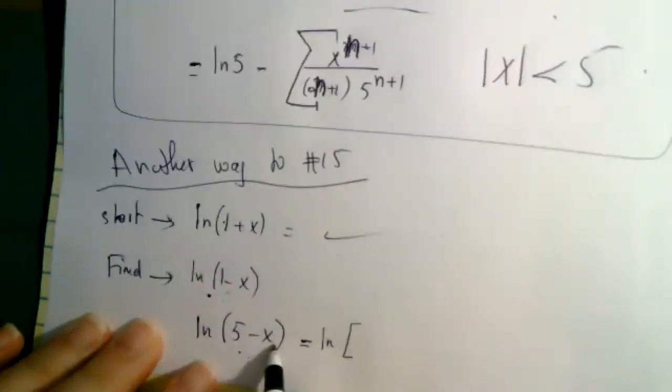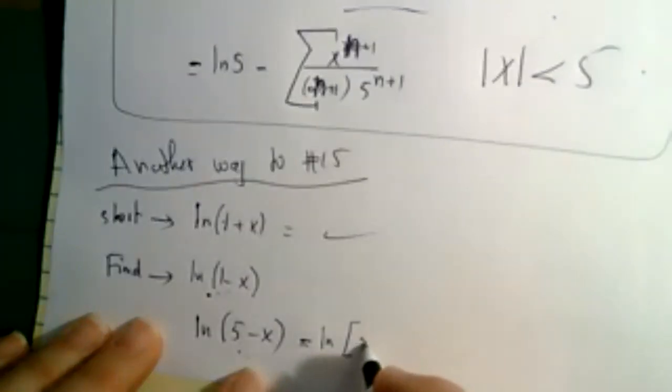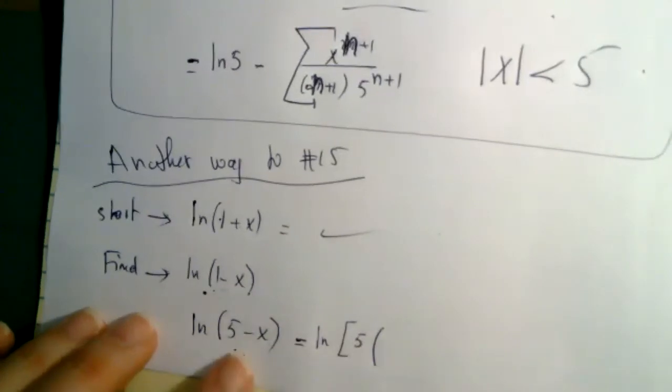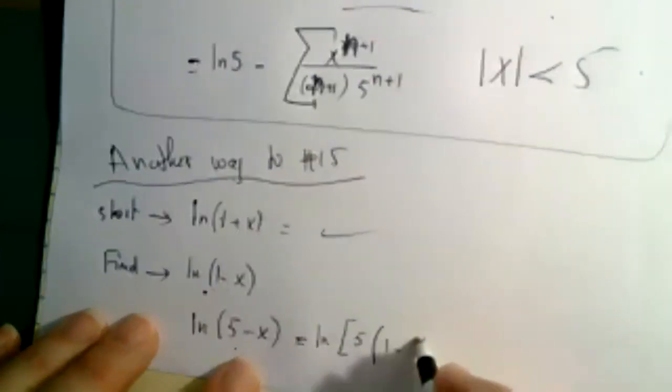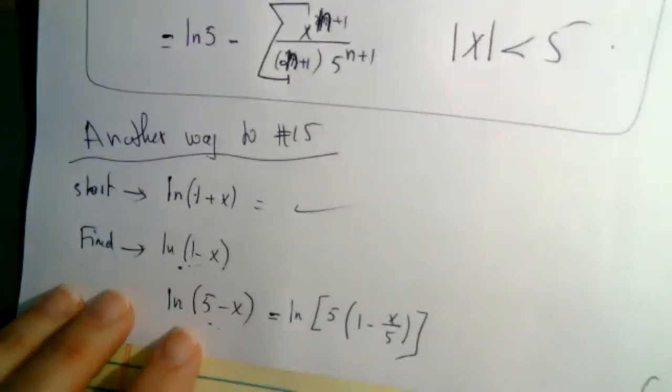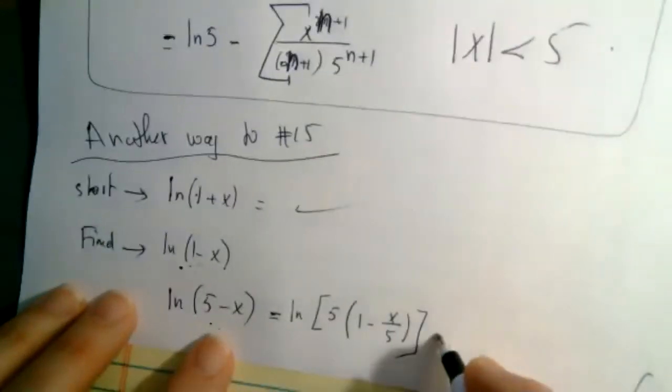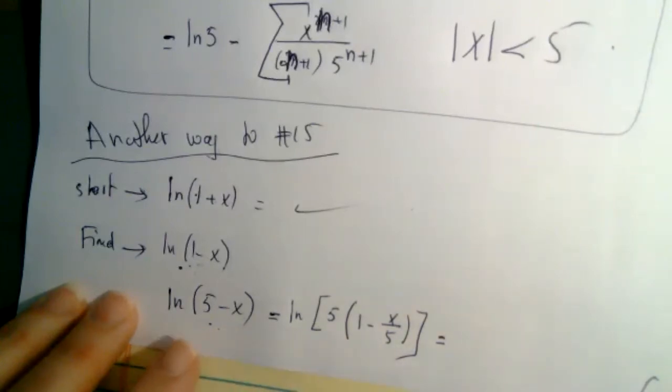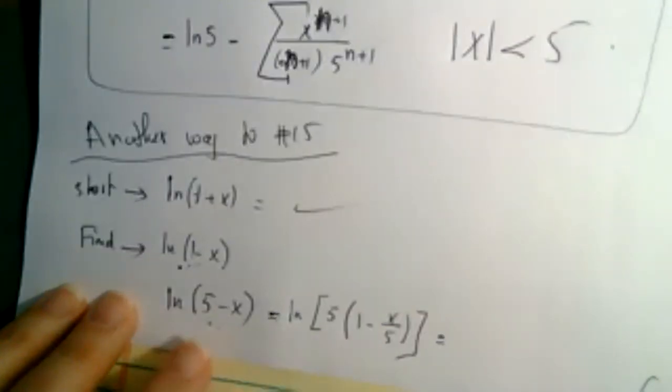I have 5 minus x. I know 1 minus x. What's the game we play? We factor out the 5, leaving 1 minus x over 5. Now, of course, this 5 bothers us. But the log has very powerful properties.